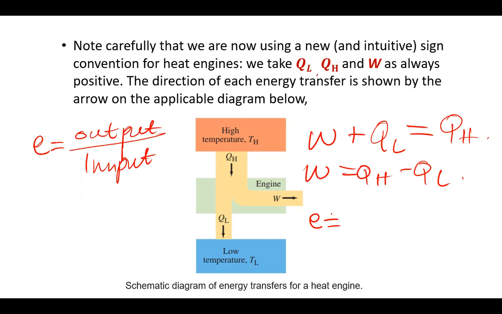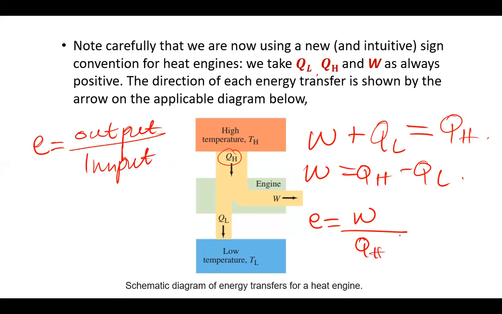So for a heat engine, the efficiency is simply given by the work output, because the useful output we have is the mechanical work, over the input. The input that we have is QH. So you put QH there. So this will be W over QH.